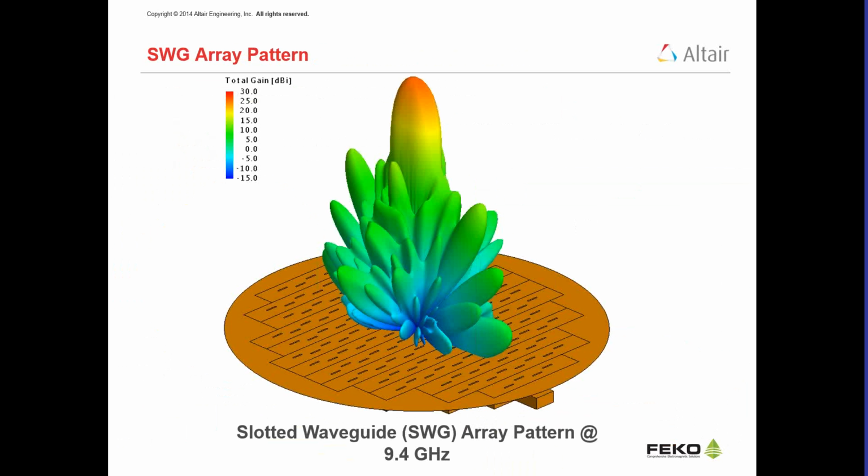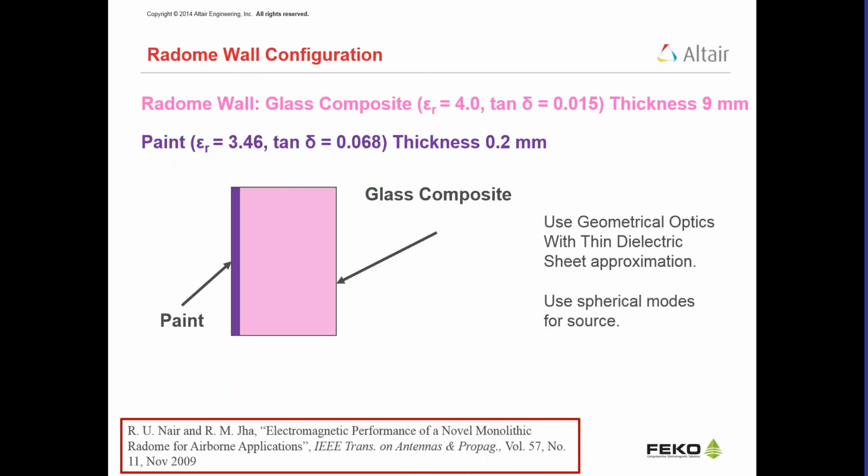And we also designed a radome based on the paper given here, published in IEEE Transactions on Antennas and Propagation in 2009, with a glass composite and also paint. So FEKO offers what's called a thin dielectric approximation, so you don't waste a lot of resources trying to model a very thin structure and having a lot of meshing elements that need to be used for memory and CPU time.